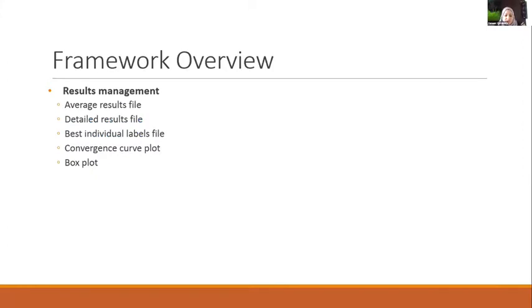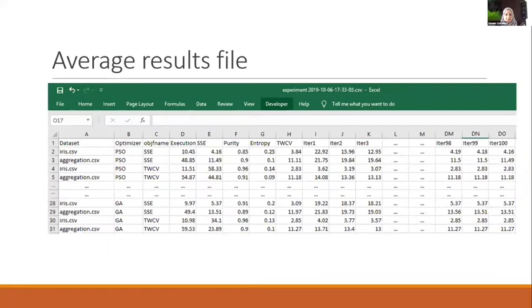The results obtained by running the framework are gathered in 3 types of CSV files and 2 types of plots, which are the average results file, detailed results file, best individual labels file, convergence curve plot, and box plot, which I'll describe shortly. The first file is the average results file.